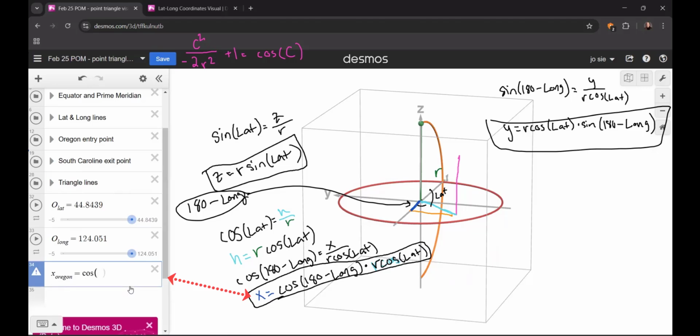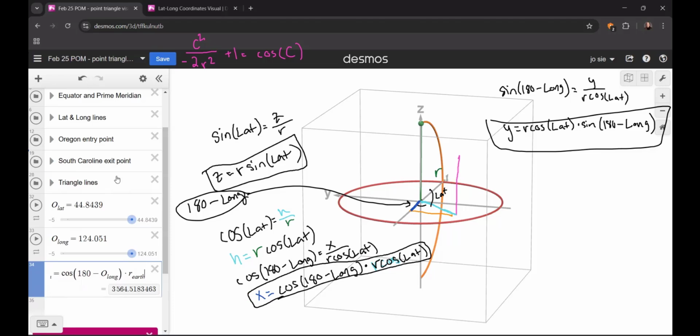Okay, so looking here in degrees, the x-coordinate of Oregon is the cosine of 180 degrees minus the longitude of Oregon, times the radius of the Earth.